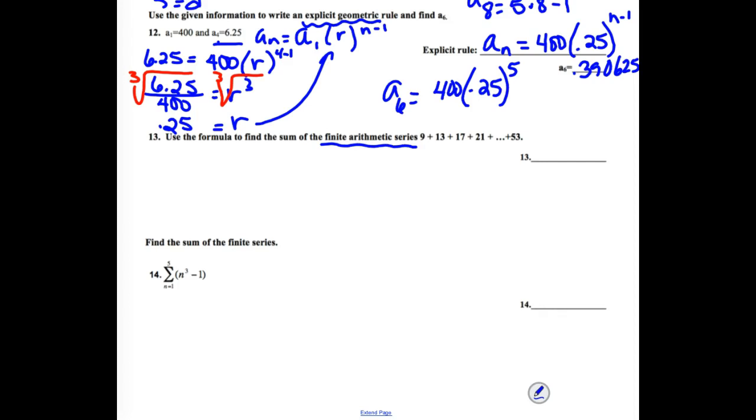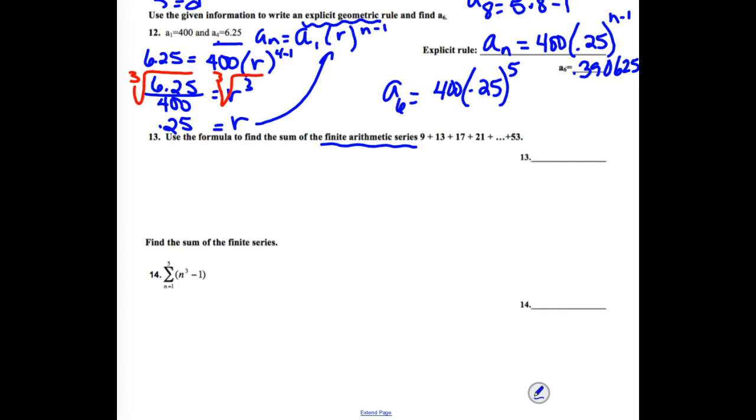If I ask you to find the sum of a sequence that is not arithmetic or geometric, you don't have a formula for those. Our only way of doing that at this point would be to write out all the terms and add them up. But if it is arithmetic or geometric, you have to show me the formula that goes with that.